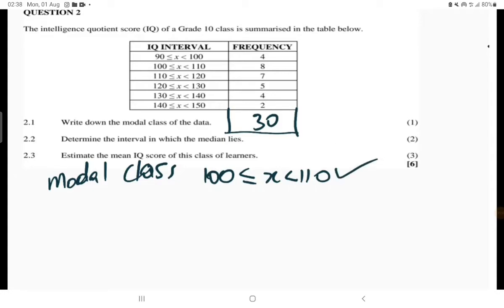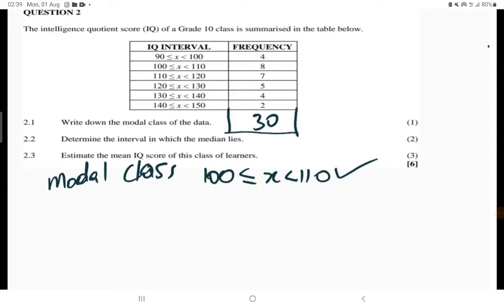Now, number 2 says determine the interval in which the median lies. The median is found somewhere here, but we really don't know the actual number of that median. So we're only interested in finding in which interval this median is mostly found.